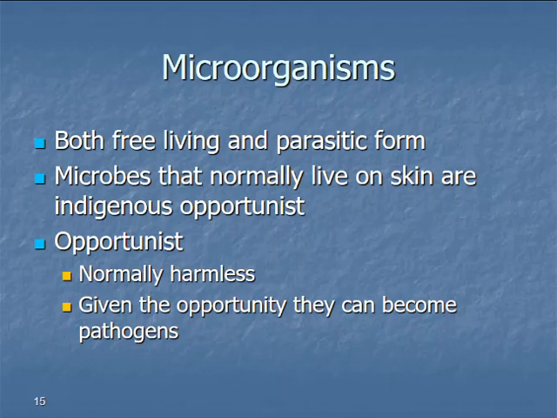And then some of them can become bad or are bad to begin with. So a wide variety here, but some of them we need in our body. We need them there in order for our body to function normally. But others, if they're not the right ones at the right place at the right time, can cause great harm. Or some that normally live on our skin, if we get those into a surgical incision and they're not in the environment where we want them, they then cause an infection.